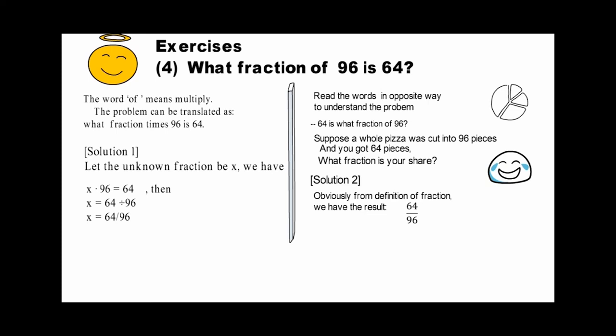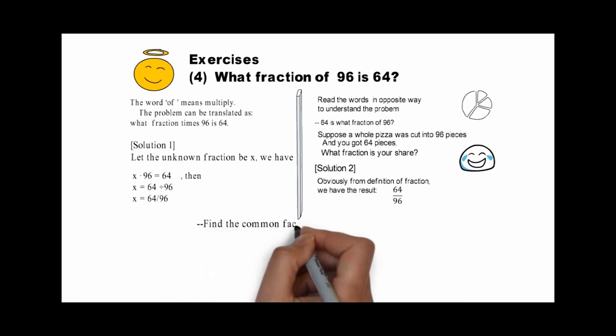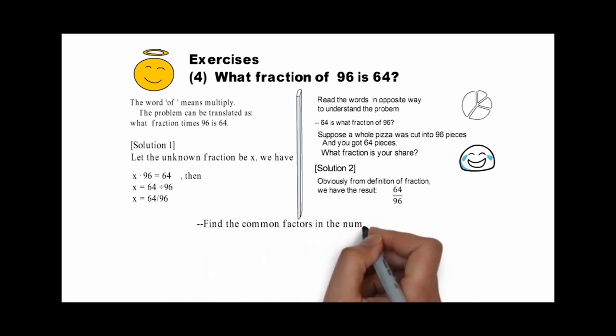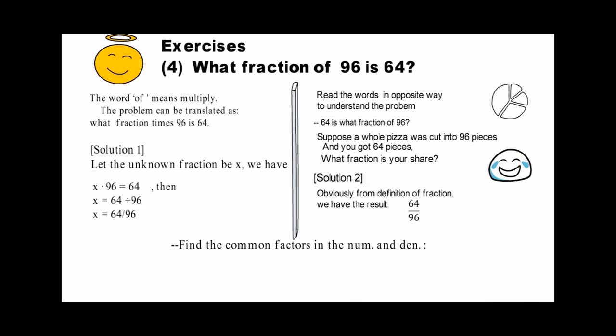Now 64 over 96 is not our final answer because this fraction is not in its simplest form. And that means we need to find the common factors in both the numerator and the denominator. Okay? So for the numerator, we have 64. And 64 is equal to 32 multiplied by 2.